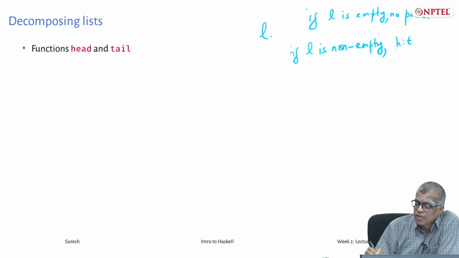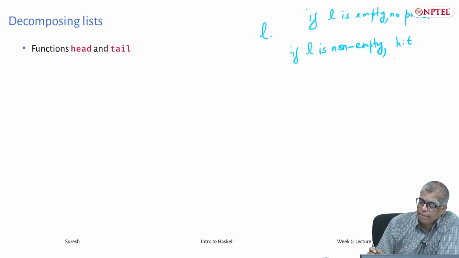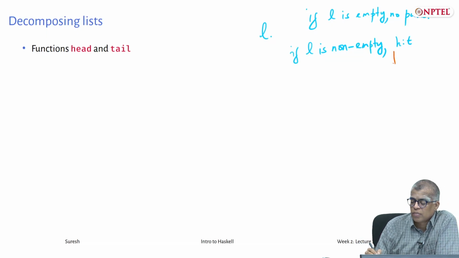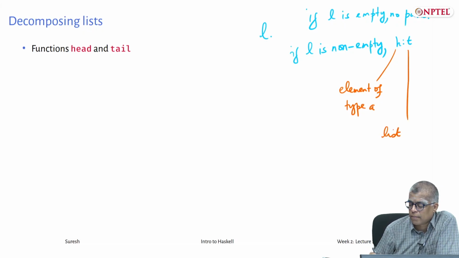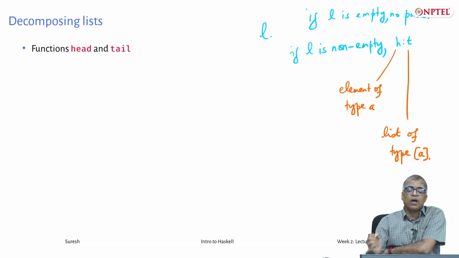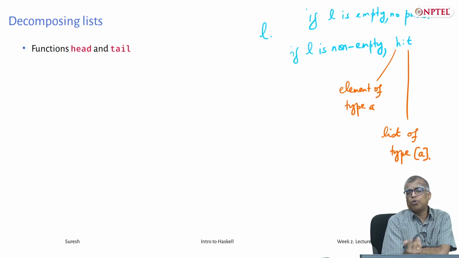The head is an element, followed by a tail which is a list. So you have a first element and then the rest of the list, and there are two built-in functions.